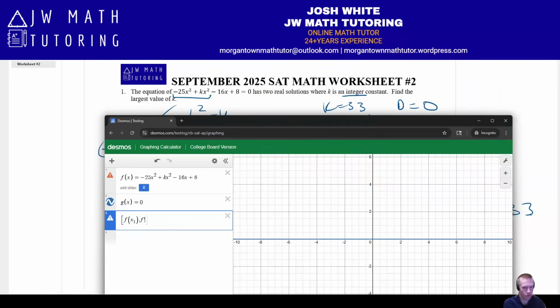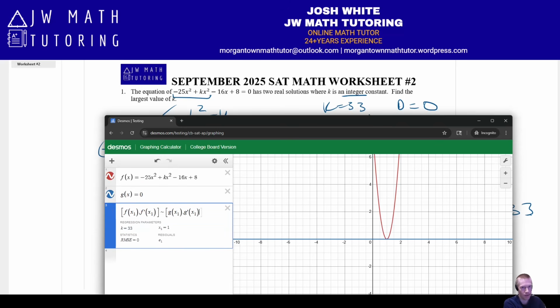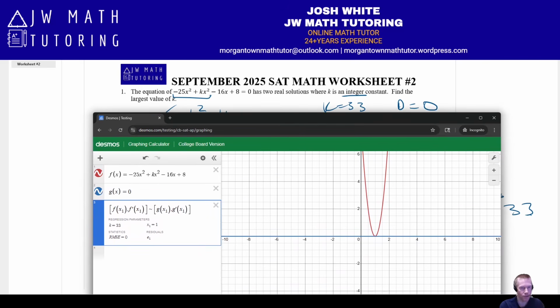Then we do f of x1, f prime of x1, tilde. Basically we're solving a system of equations for the function itself, for both f of x and g of x, and their derivatives. So when I do this, it gives me a k value of 33. What this is finding is the value such that there is one real solution. Then you just have to check on the other side of that.